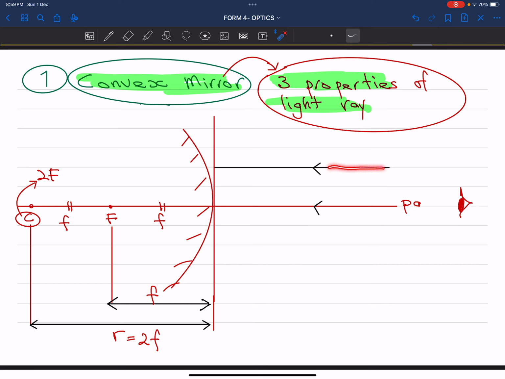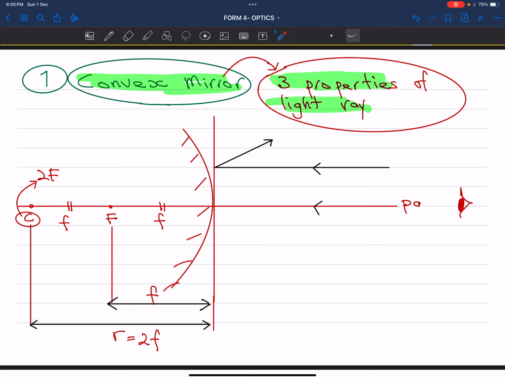When this light ray reaches the mirror, it is going to get reflected. For a light ray that is parallel to the principal axis, it will get reflected as though from the focus point.